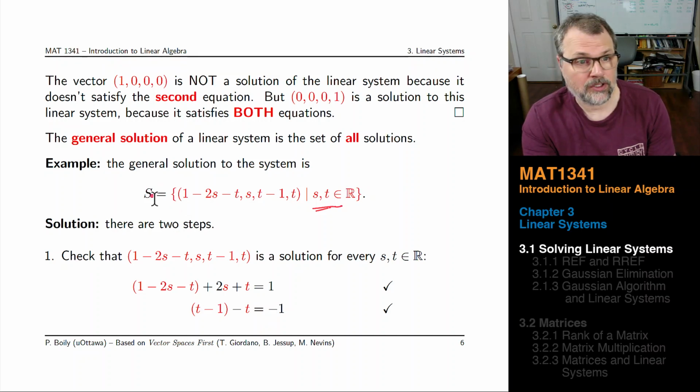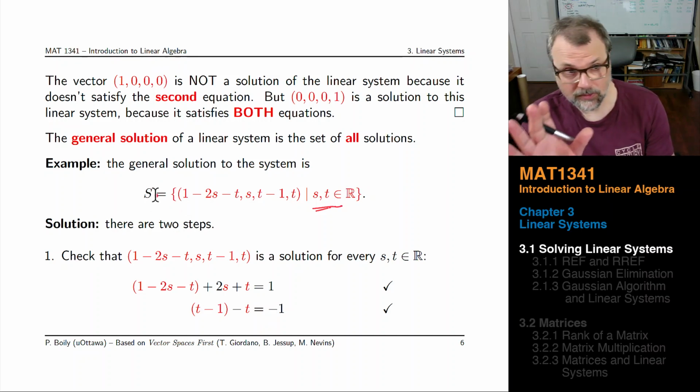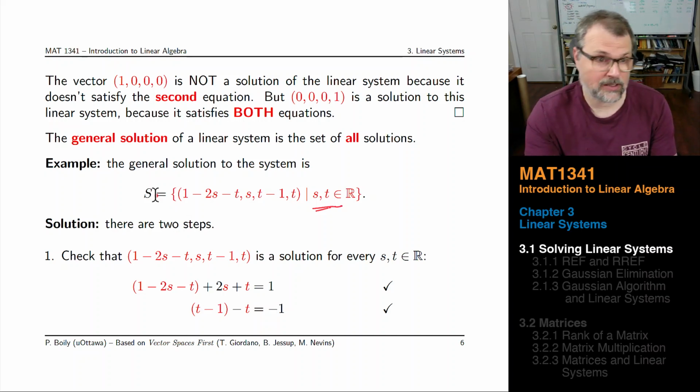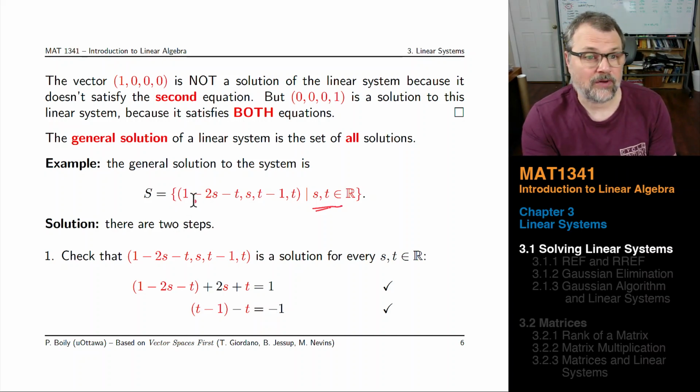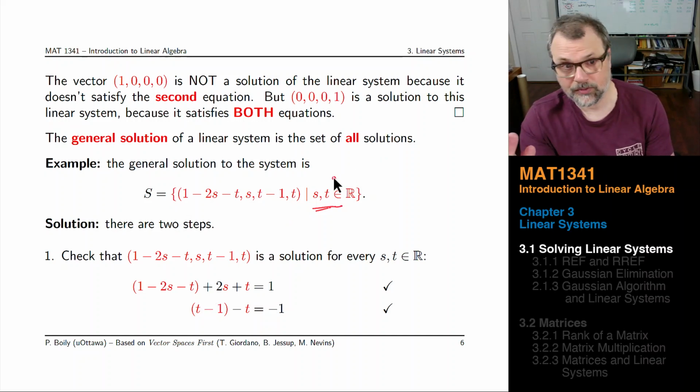So here, the general solution apparently, we'll have to verify that this is indeed the case, apparently consists of all the vectors in R4 of the form (1 minus 2s minus t, s, t minus 1, t), where s and t are allowed to be any real number you want. We call them the free parameters.